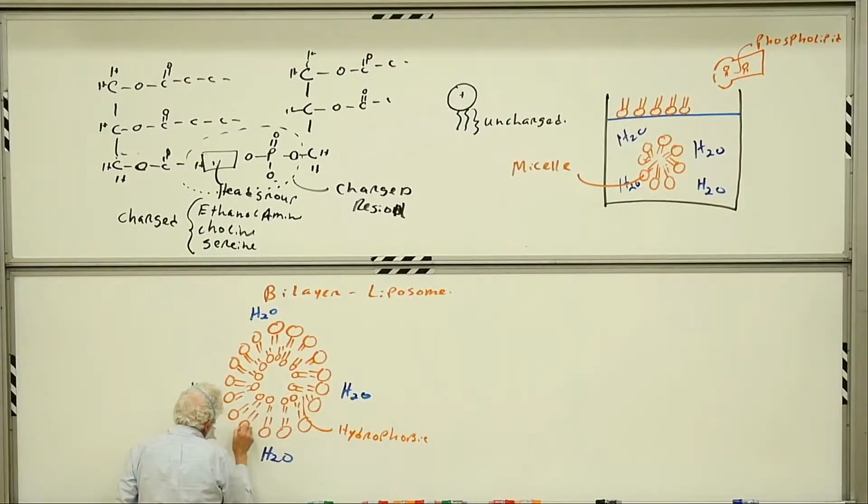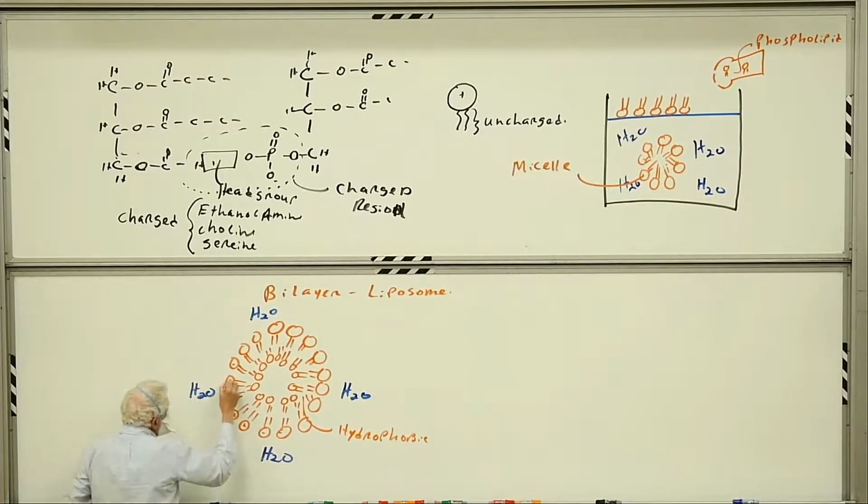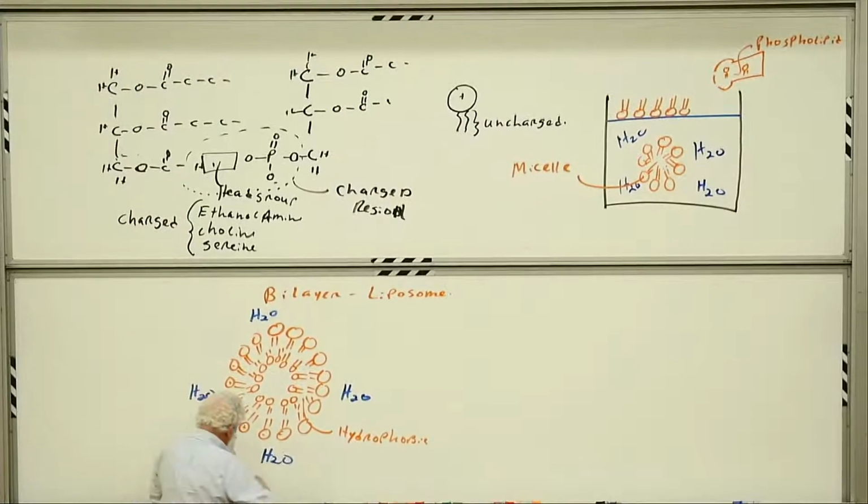And these head groups, which are charged, some with serine, some with choline, some with ethanolamine, are now going to face the water. Now, I think you can see that if we would generate this, you could safely put water in here.